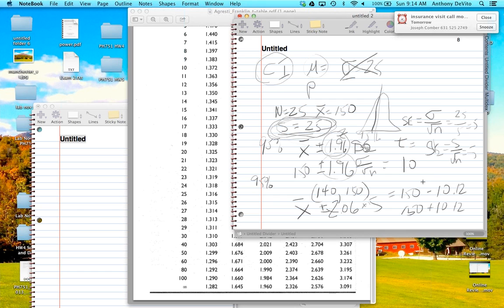So our confidence interval is going to be 139.88 to 160.12. It's going to be a little bit different than what we got before, because we have that extra wide interval. Instead of 140 to 160, it's going to be a little further out in each direction.